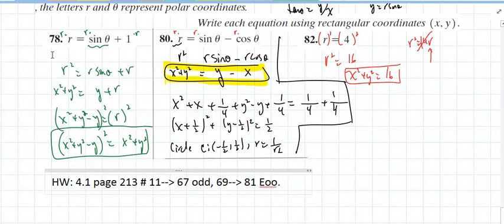And on numbers 33 through 39, you're going to do parts A and B only. Alright, that would be it.